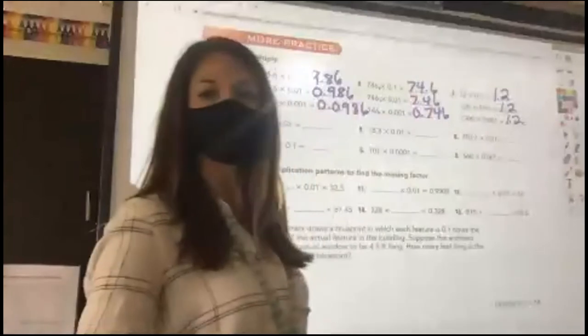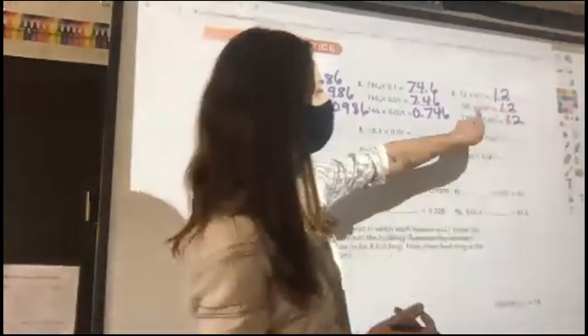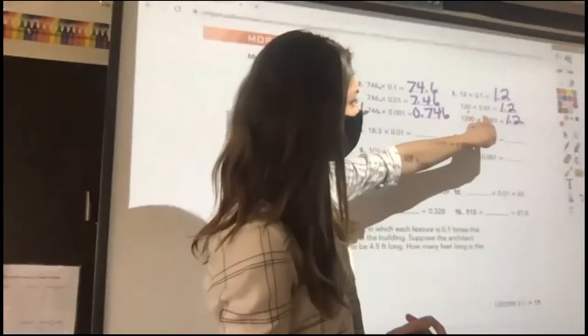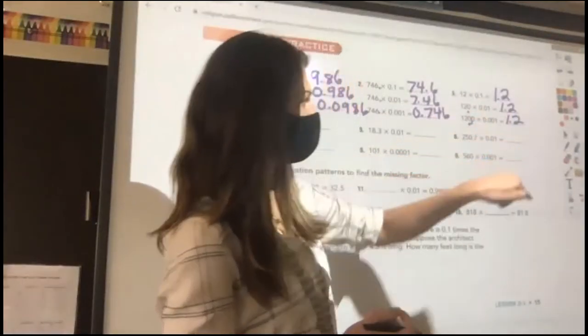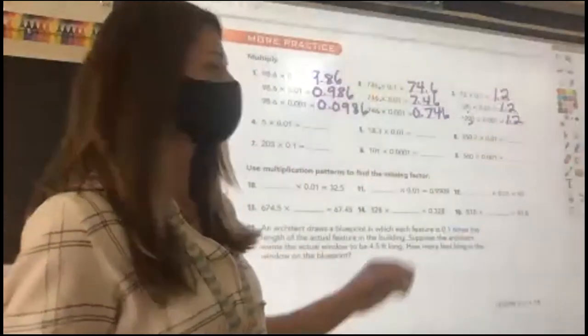So you can see that there's a relationship between the number of zeros on the back of a number and the number of slides that you're taking it that help it end up with a common result.